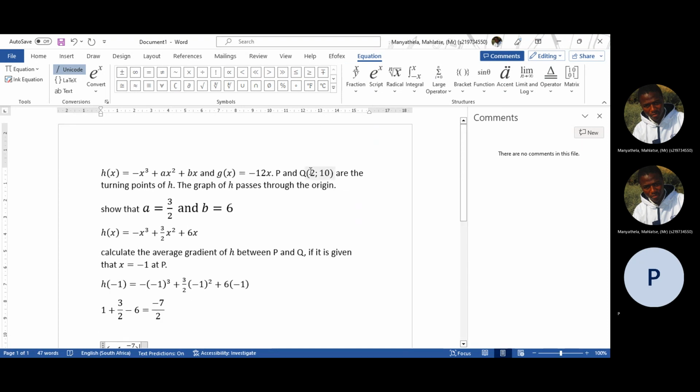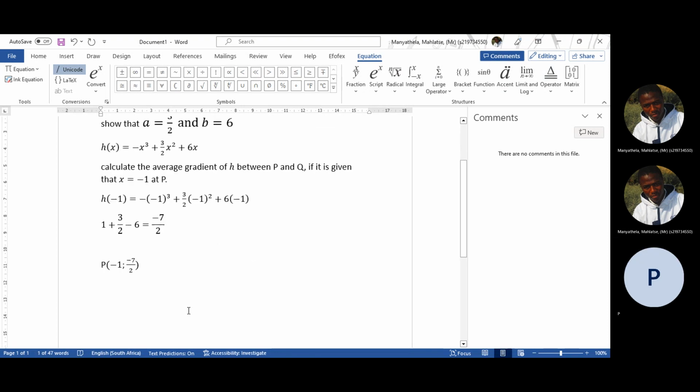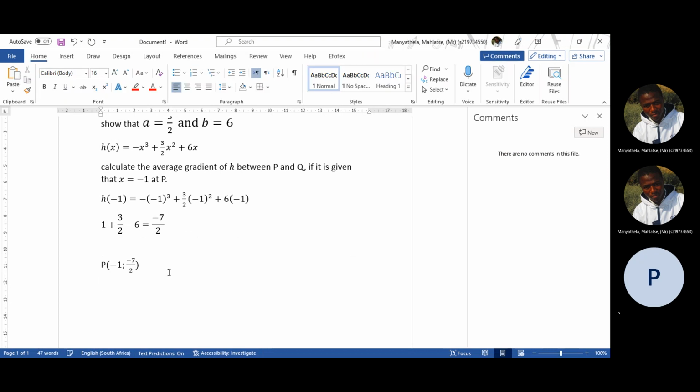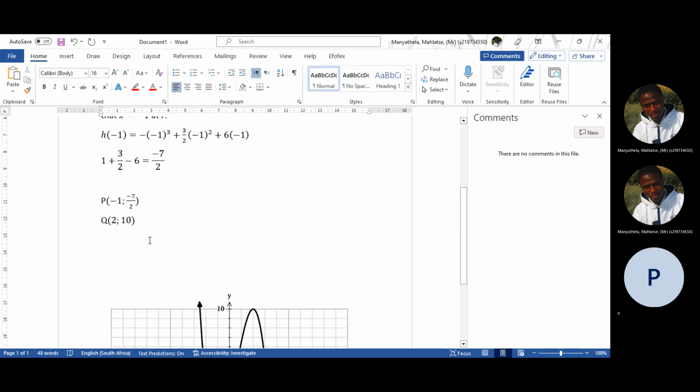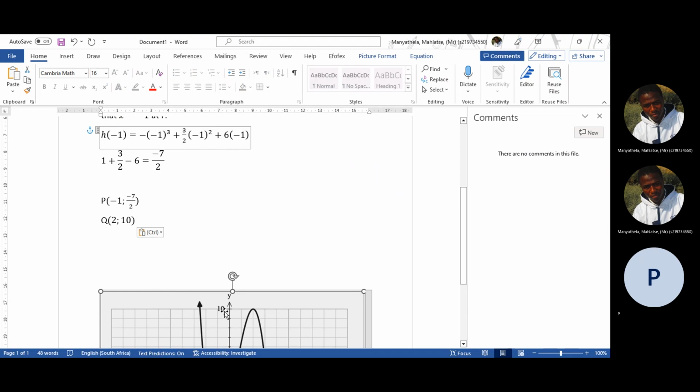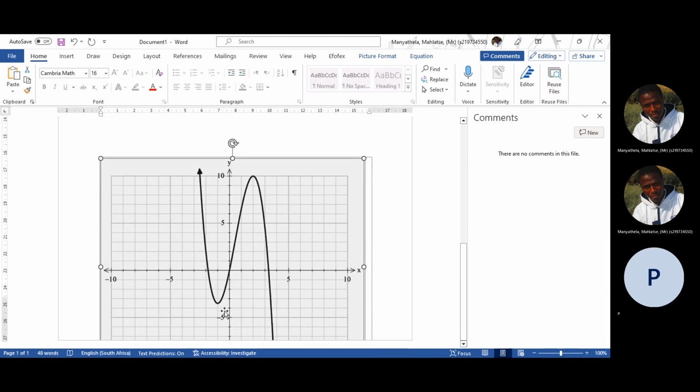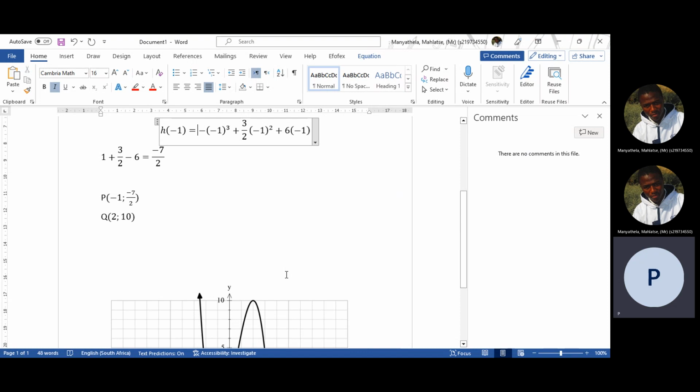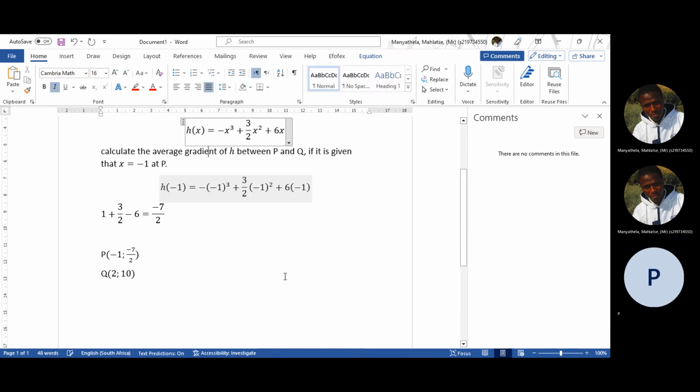So the coordinates of Q we are already given, which is, let me just copy them down somewhere where we'll be able to see them. So let's find the gradient. Okay, let me remove this graph. Let me delete this graph.